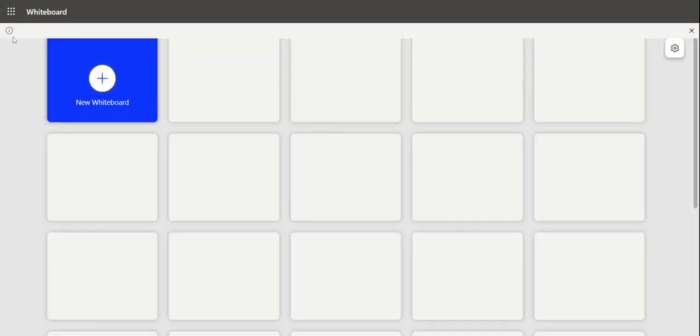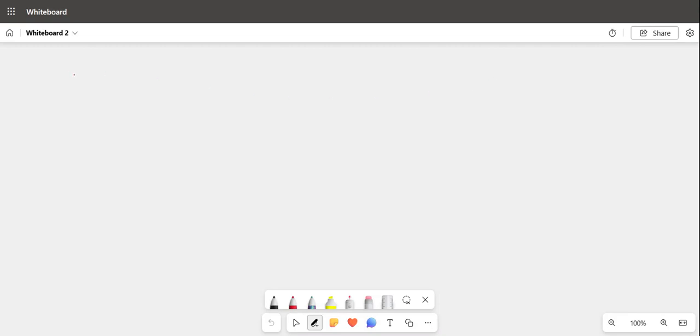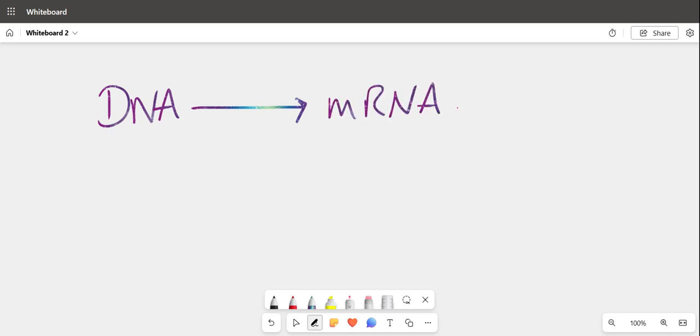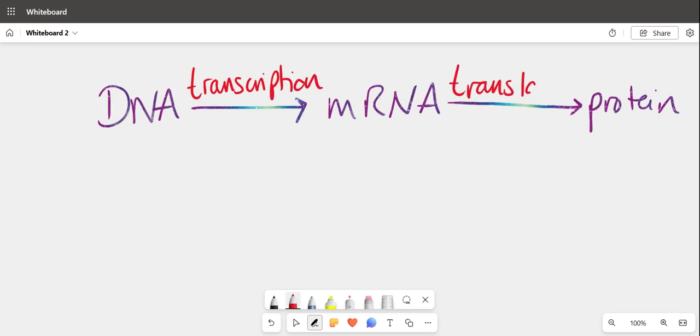So if we just go onto a new board, we're going to look at this overview of starting off with DNA, using that as a template to make a small molecule called mRNA, and using that as our instructions to make a protein. And the two processes that belong on those arrows are transcription and translation.